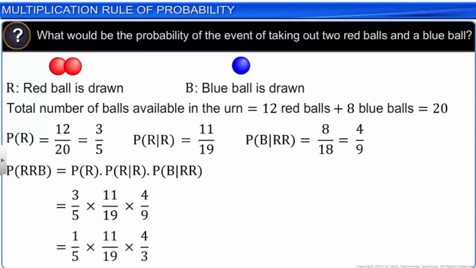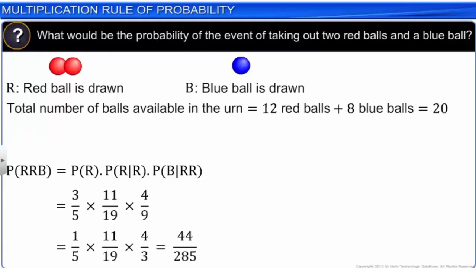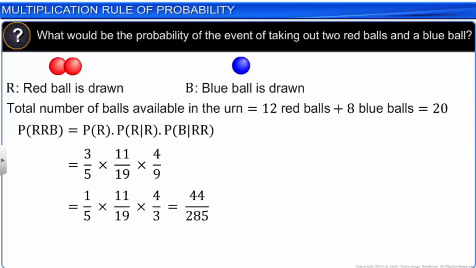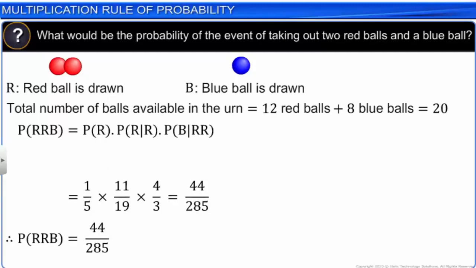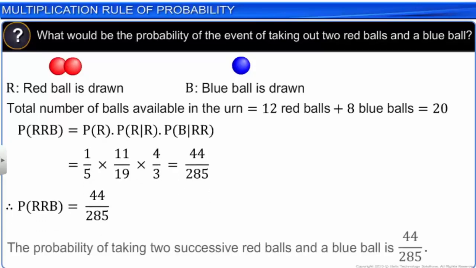On simplifying, we get 44 divided by 285. Therefore, the probability of RRB is equal to 44 divided by 285. Hence, the probability of taking two successive red balls and a blue ball is equal to 44 divided by 285.